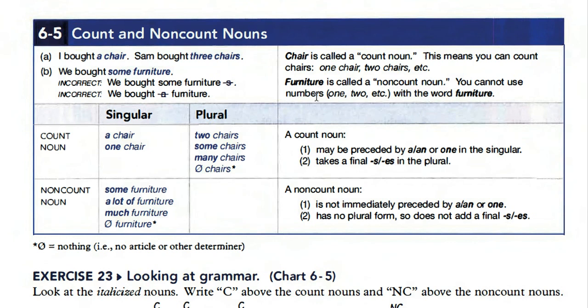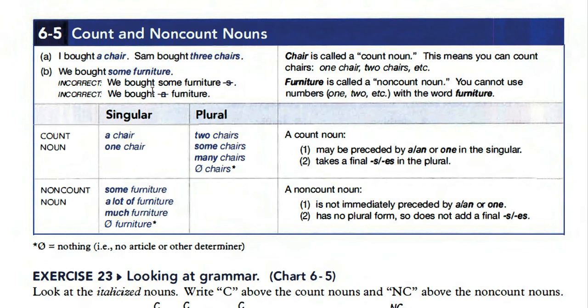You cannot use numbers. If I can't give it plurality, there is no way of giving a number, because it is incorrect to say we bought some furnitures. We cannot make it plural with s, and we cannot make it with the indefinite article, so we use theta.